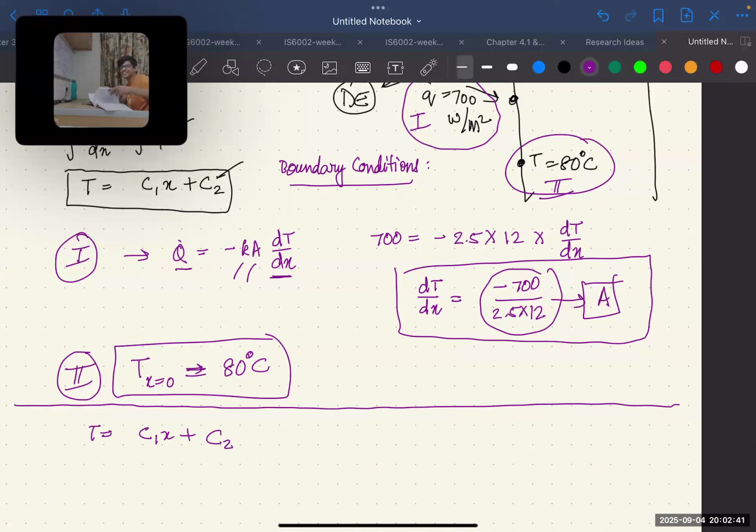Now we have to use these two boundary conditions, this one, and somehow get the values of C1 and C2. How can we do it? Okay, for that, I think we need this value. Can someone just give me the answer to this? Minus 700 over 2.5 times 12.